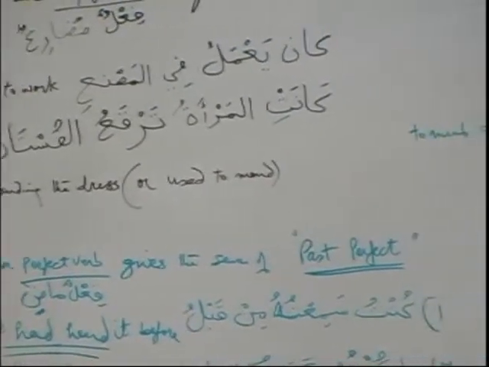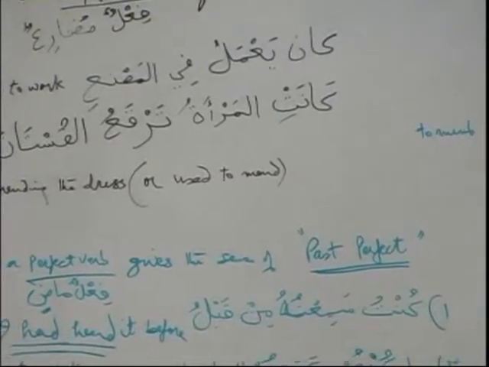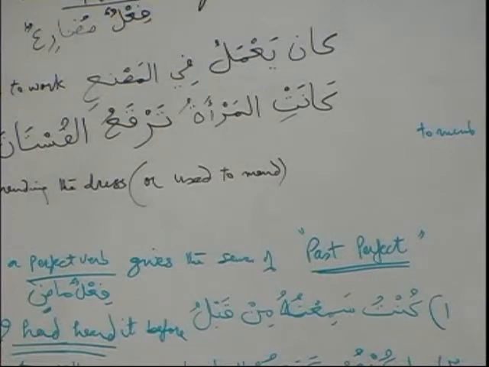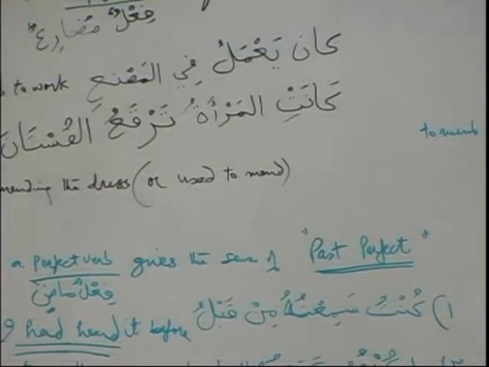I had written him a letter. How will you say? Kana will be kuntu. Kuntu katabtu hu risalatan. Are you with me? Keep that in mind.